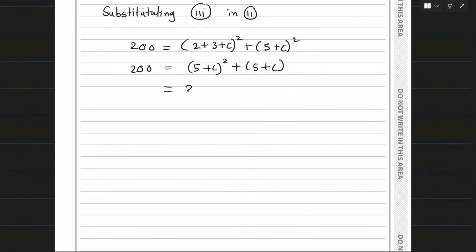We can simplify this as 2 times 5 plus C whole square equals 200. Now from this we see that 5 plus C whole square is equal to 100, and 5 plus C is equal to root of 100.